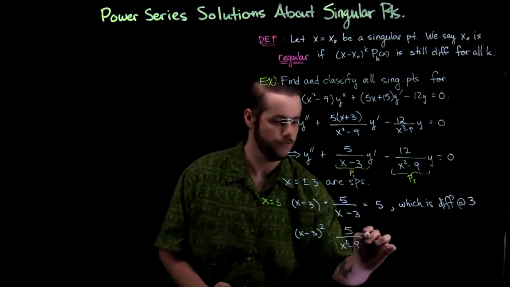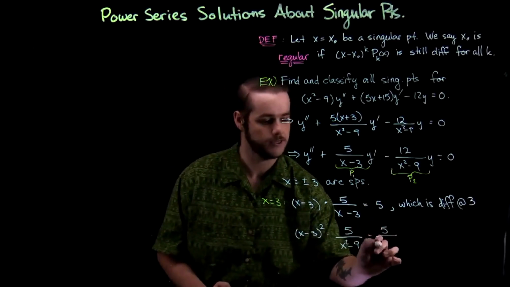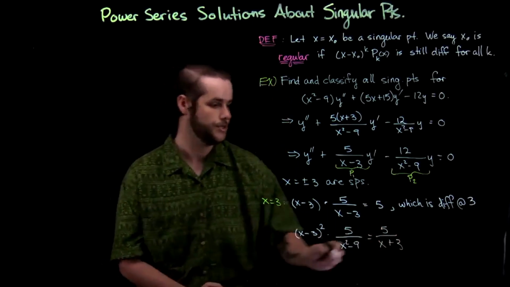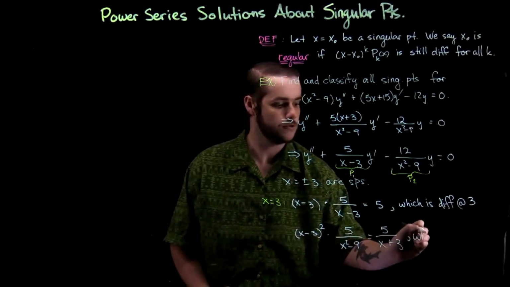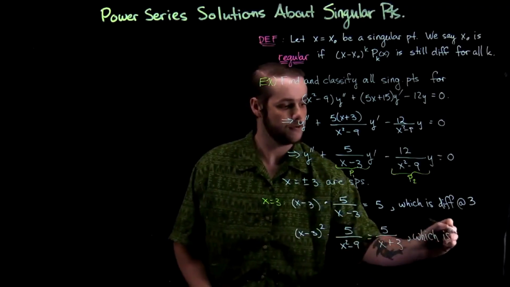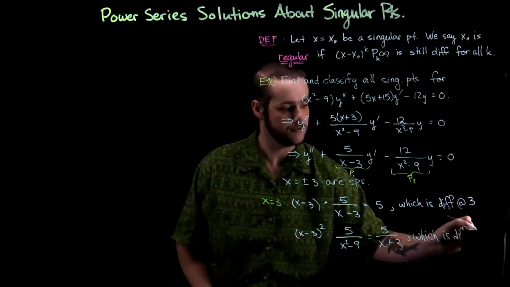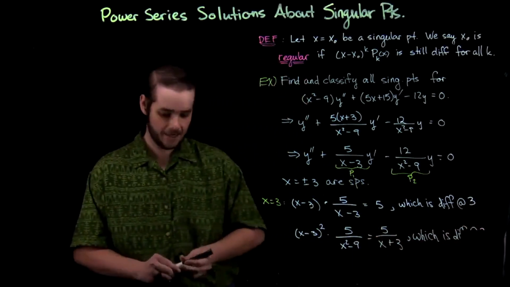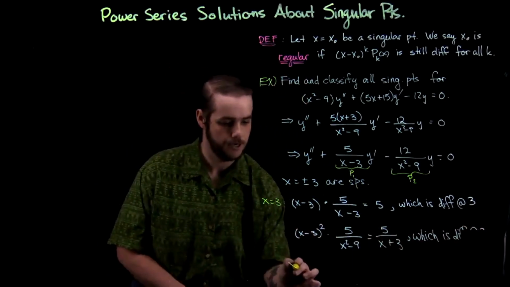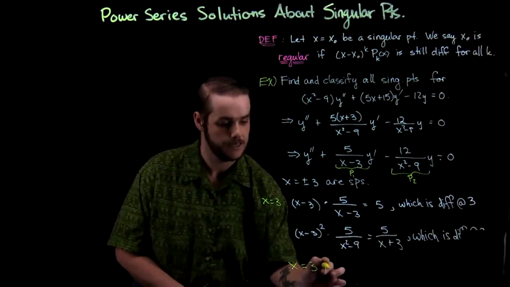And notice what I'm left with this time is 5 over (x plus 3), but that's still good to go at positive 3. So what this tells me is that x equals 3 is regular.